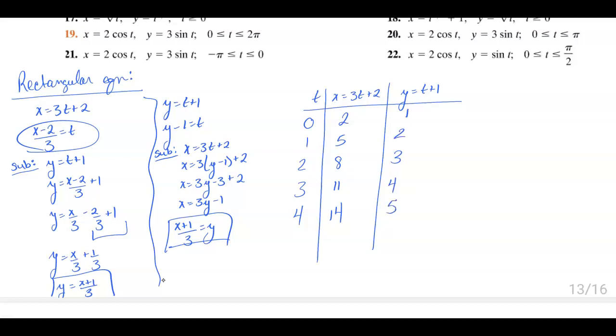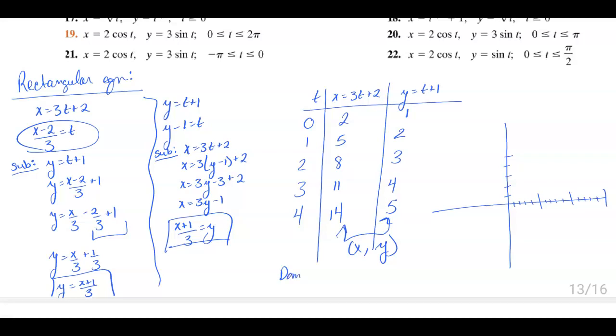So we've got these xy ordered pairs from these two columns, so we could draw a picture. Y's are going from 0 to 5. X's are going from 2 to 14.